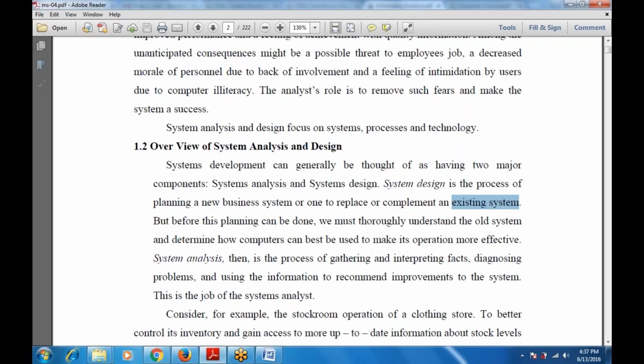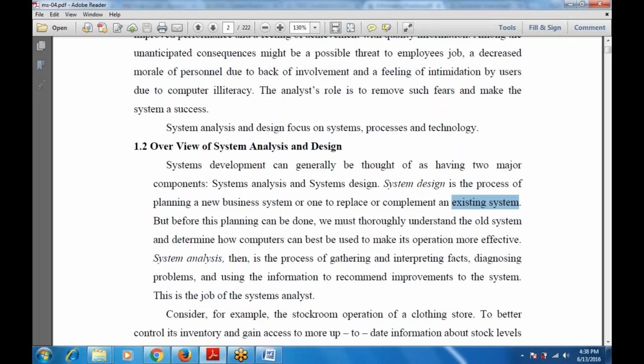That means what are the various drawbacks and loopholes in the system, and how these loopholes are improved so that the system will be developed efficiently and effectively and be best suitable for the user.